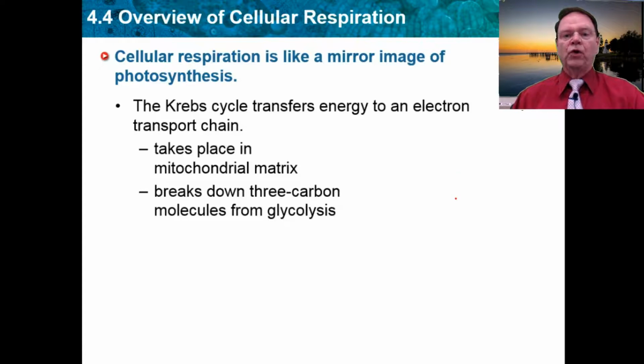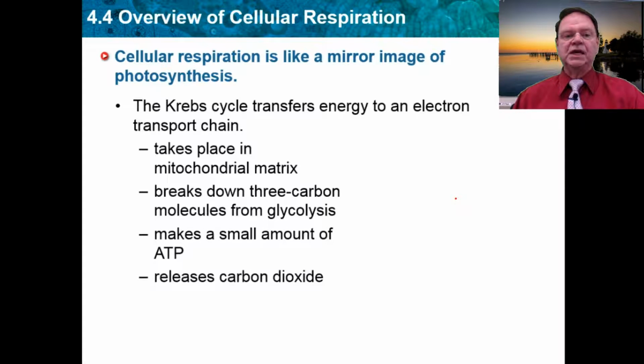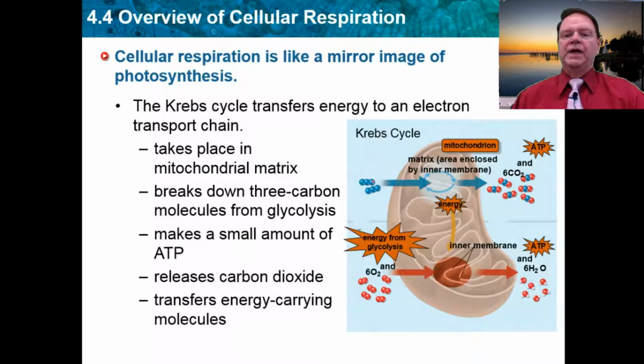All right, so the Krebs cycle is going to take place in the mitochondrial matrix. And as these pyruvic acids enter in, they're going to be converted to carbon dioxides. As you can see, 2 pyruvic acids go in, and then 6 carbon dioxides here are going to result. And a small amount of ATP is going to be produced, 2 in fact.